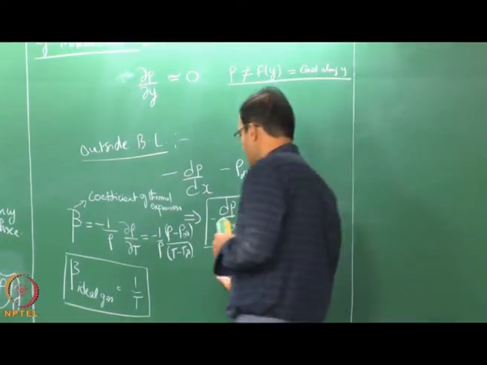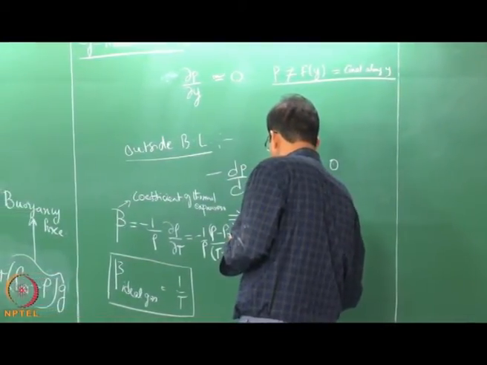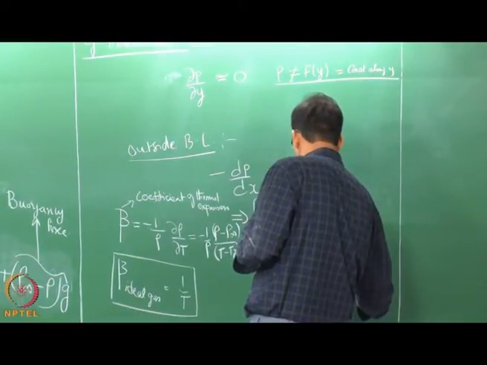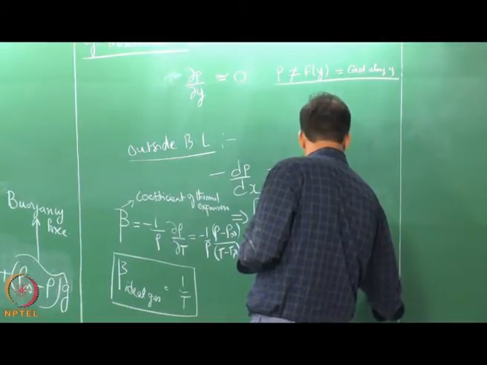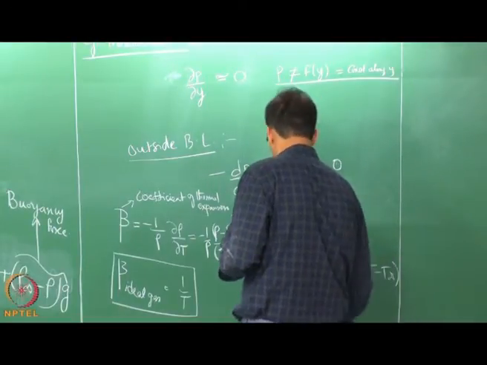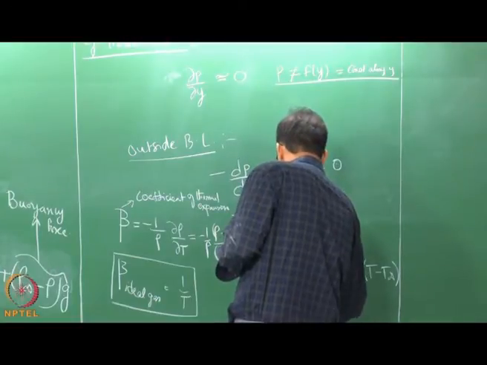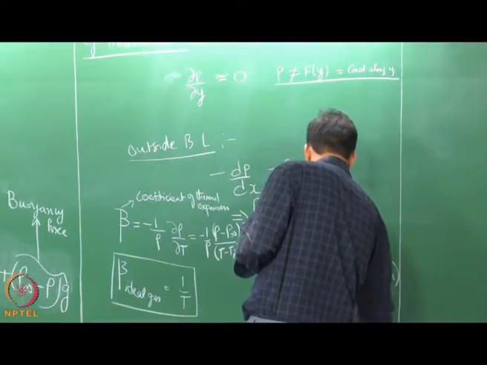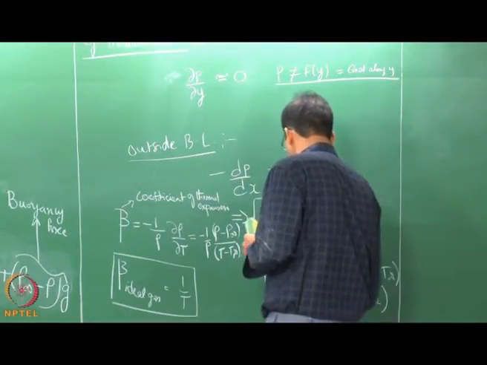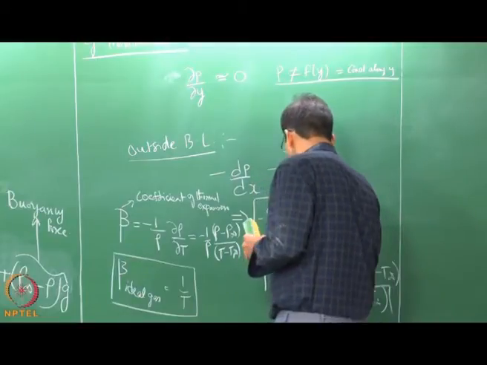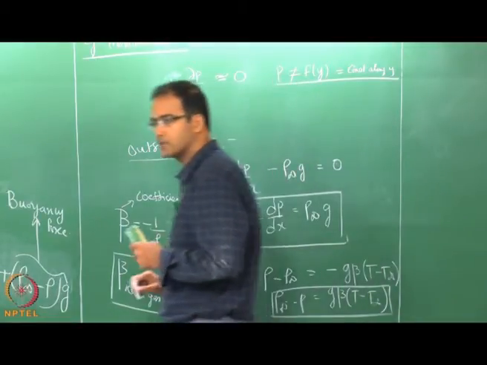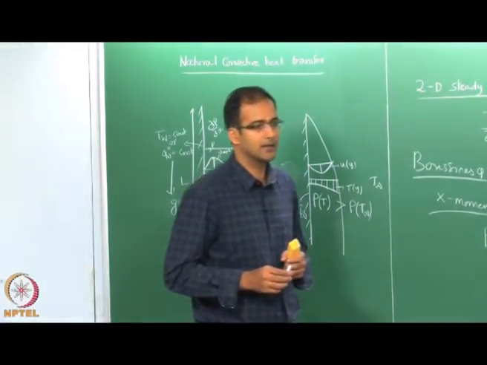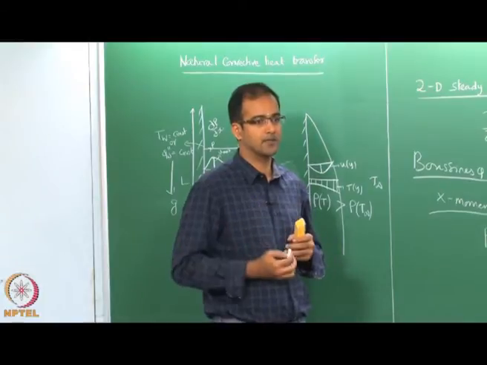So, what do you get? Rho minus rho infinity is equal to minus rho beta into T minus T infinity, or rho infinity minus rho is equal to rho beta T minus T infinity. So, this is basically the relation between the buoyancy force and the driving potential, which is the temperature difference.